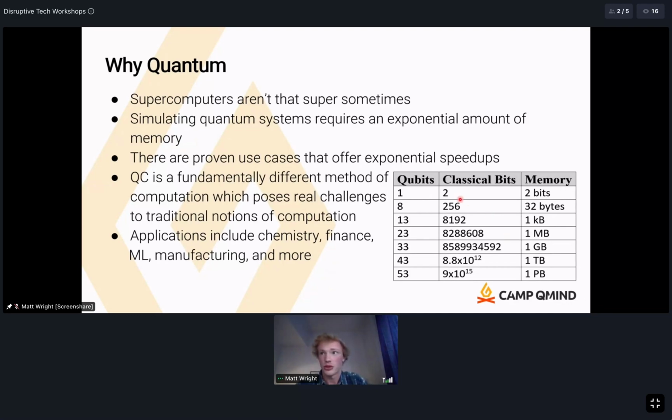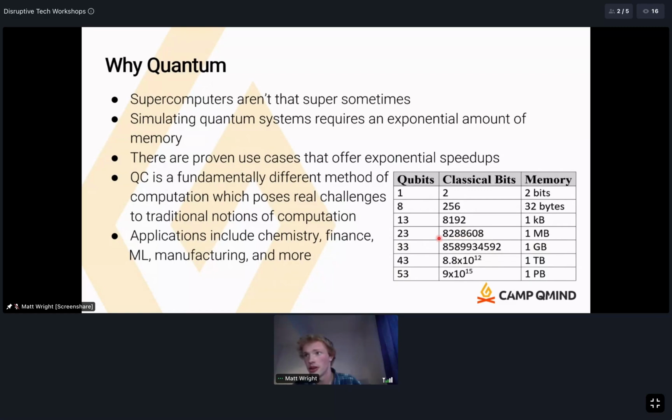So this table over here, I think, really illustrates how crazy the memory scales when you look at even modest size quantum systems. So let's see here. If you have 23 qubits, you need like 8 million classical bits.